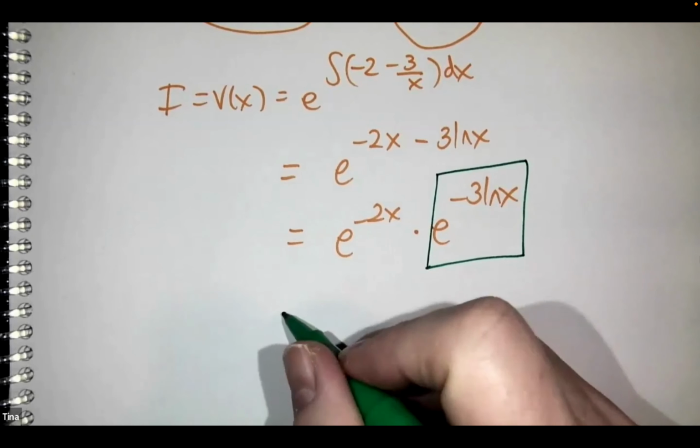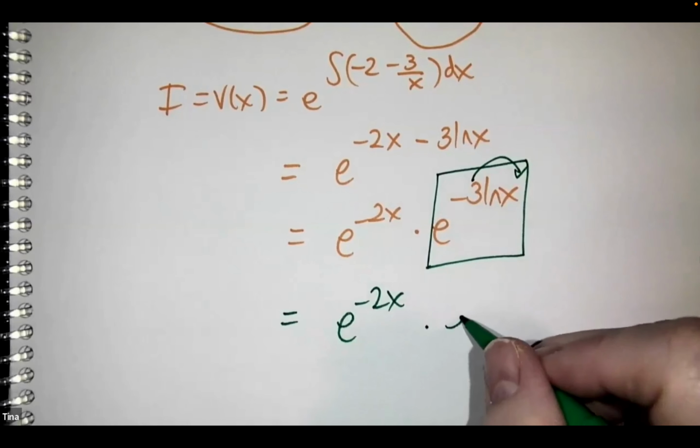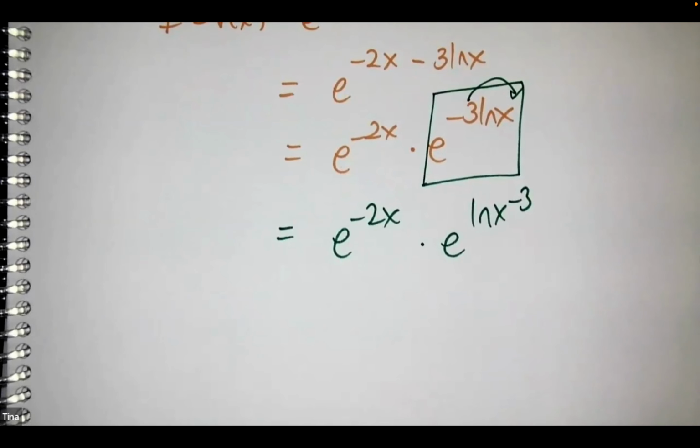Okay. So I'm going to get e to the negative 2x, put the negative 3 up, times e to the ln x negative 3. So what's your final answer going to be here?